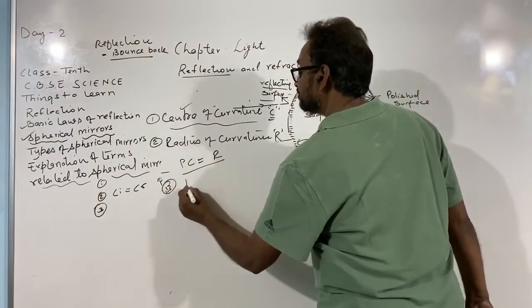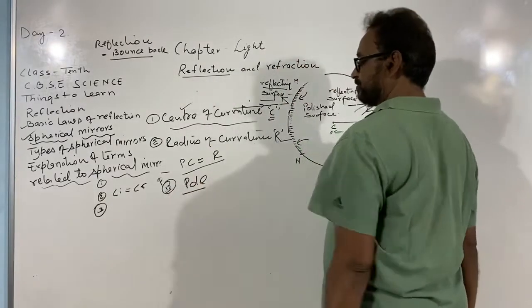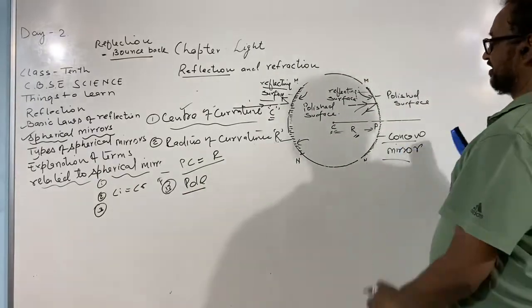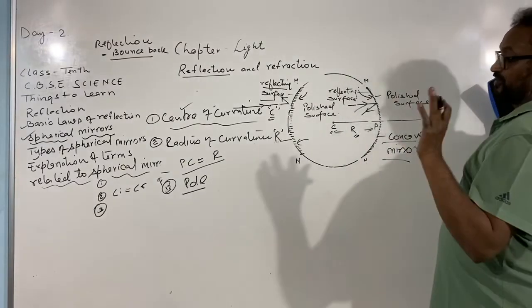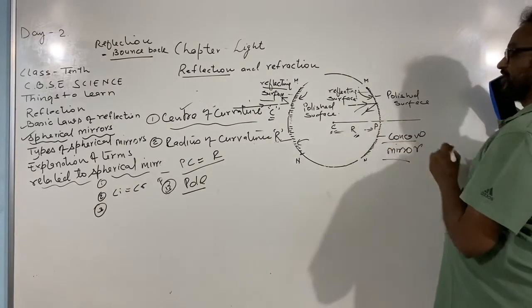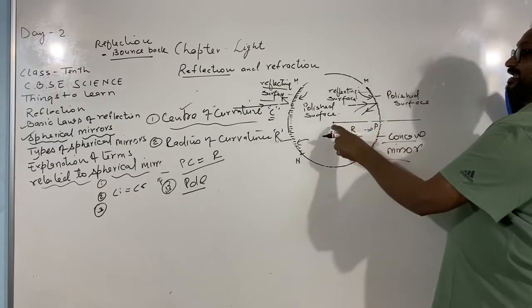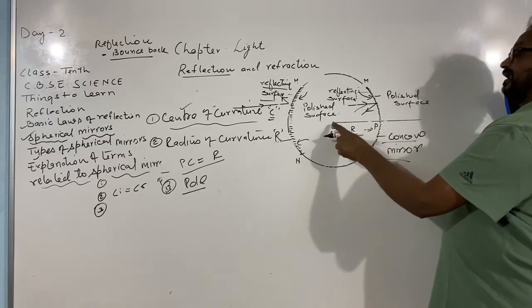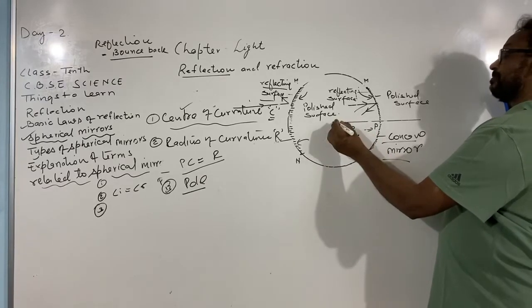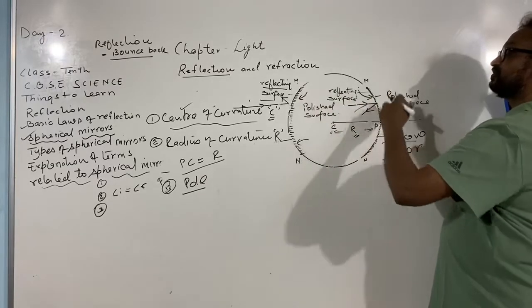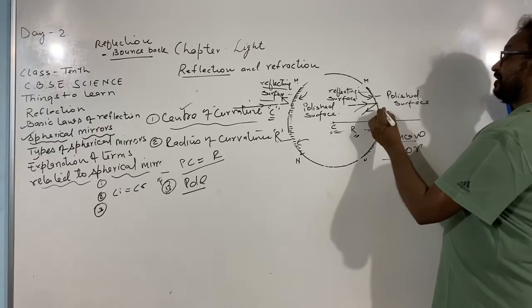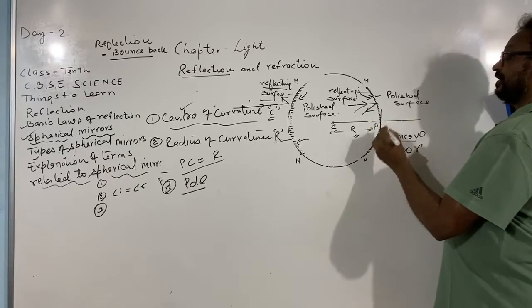The third term is pole. Now, be attentive please. Any line which is coming from the center of the sphere is normal at this point.